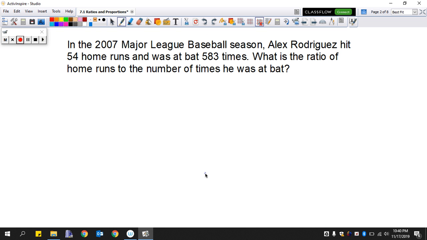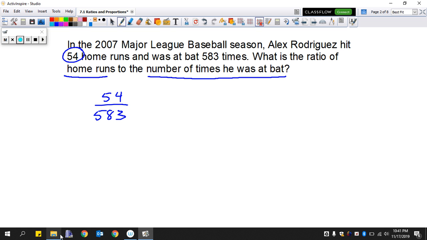The example we're looking at here: in the 2007 Major League Baseball season, Alex Rodriguez hit 54 home runs and was at bat 583 times. What's the ratio of home runs to the number of times he was at bat? He has 54 home runs, so that would be 54 to 583.